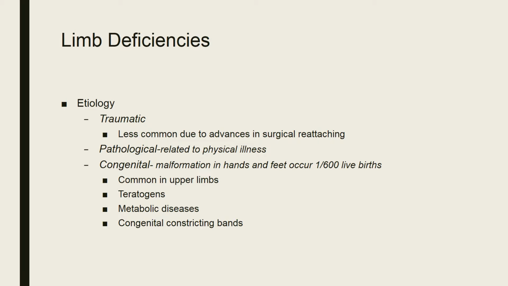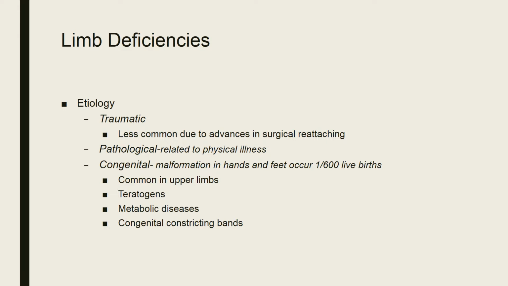Congenital constricting bands is something that's kind of interesting. This is where, for some reason, part of the fetus, the arms or legs or fingers, somehow get caught up in amniotic bands while in utero.